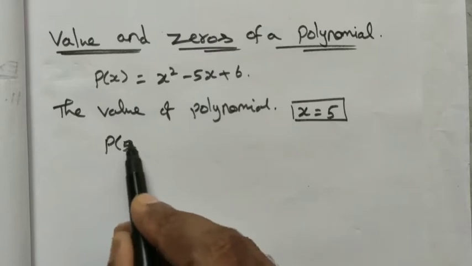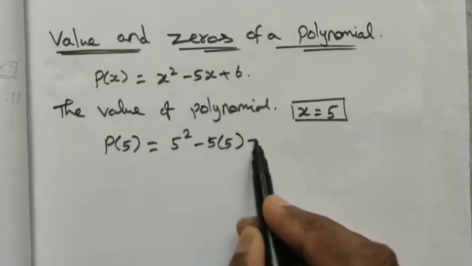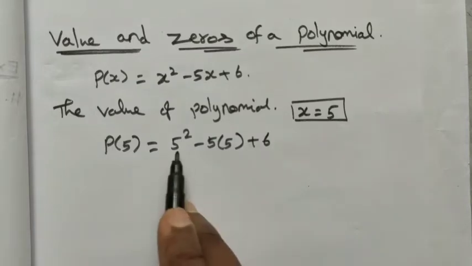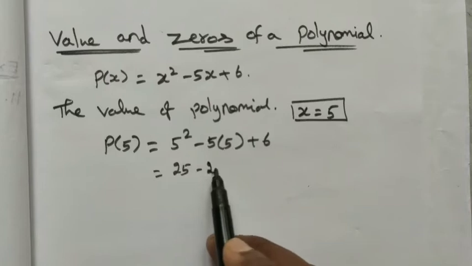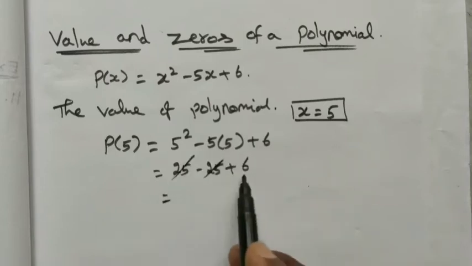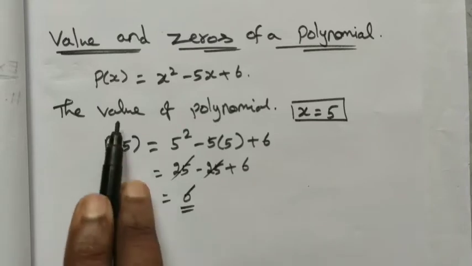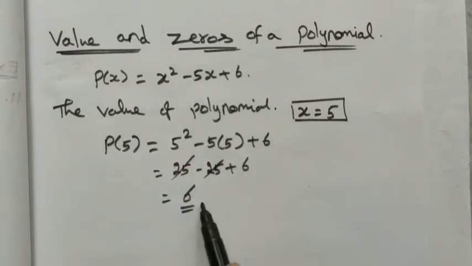So p of 5 is equal to 5 square minus 5 into 5 plus 6. 5 square is 25, minus 5 into 5 is 25, plus 6. Here plus 25 and minus 25 cancel, and we get 6. So the value of this polynomial when we substitute x is equal to 5 is 6. This is called the value of the polynomial at x is equal to 5.